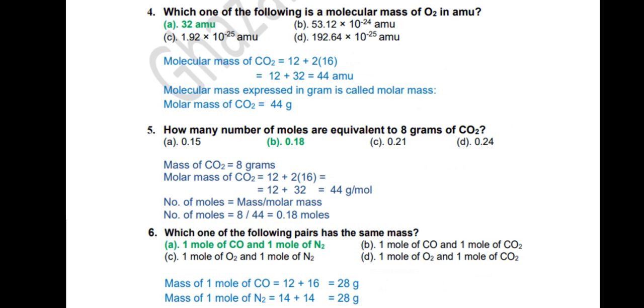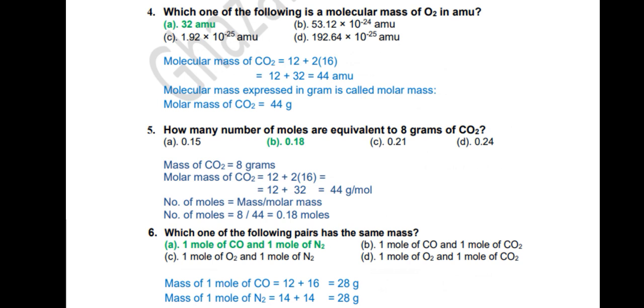How many moles are equivalent to 8 gram of carbon dioxide? When you are finding the moles, you have to remember the formula: number of moles is equal to mass in gram divided by molar mass. Putting in the values of mass in gram and molar mass, you can find the number of moles. Mass in gram is given, that is 8 grams of carbon dioxide.